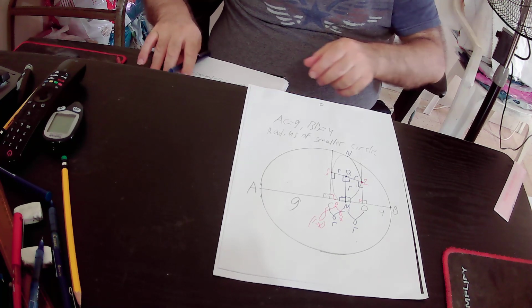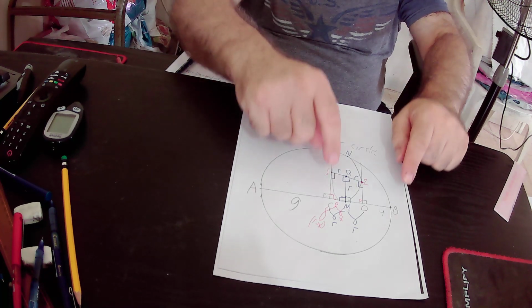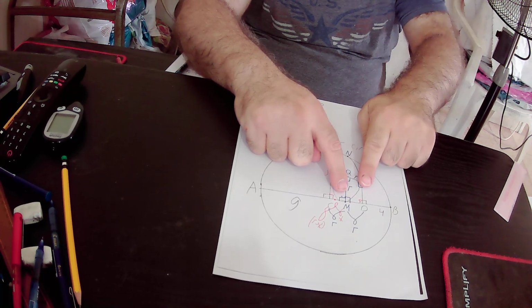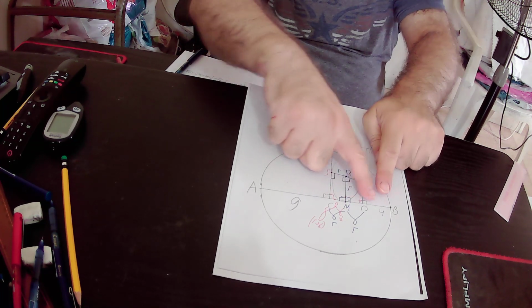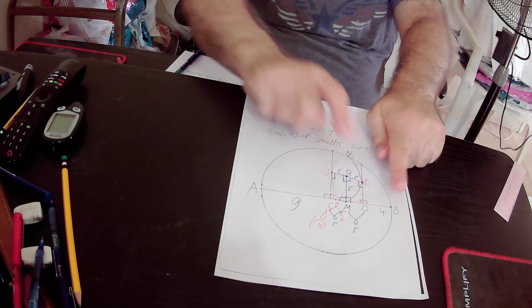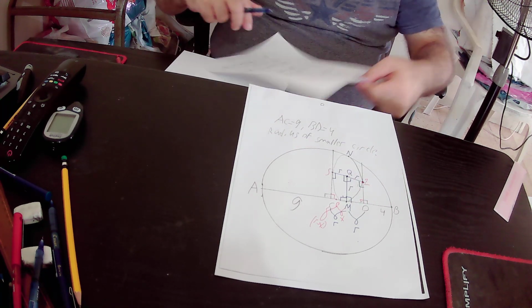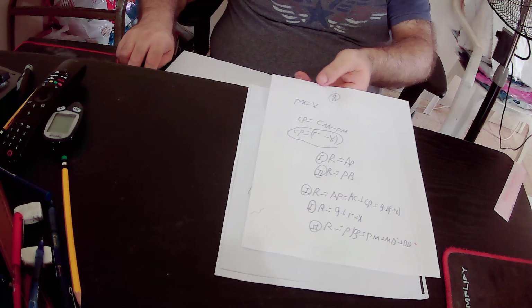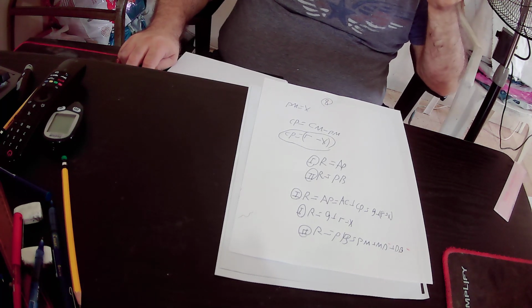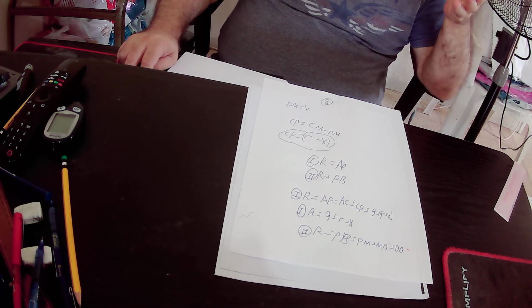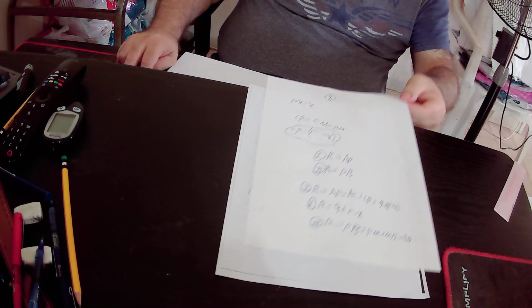Okay, PB equals PM plus MD plus DB. So according to equation number 2, the radius of the big circle equals PB, that equals PM plus MD plus DB.